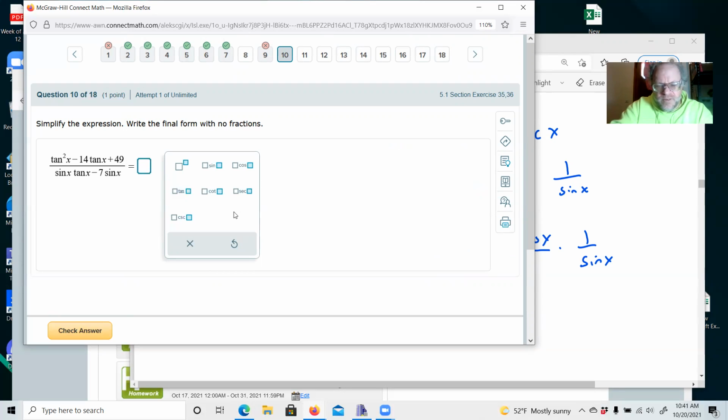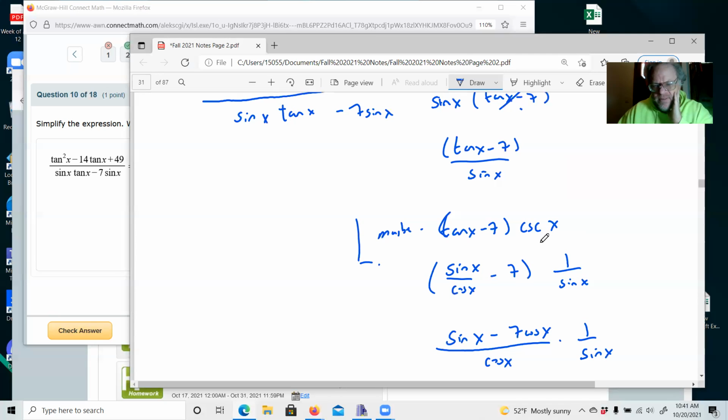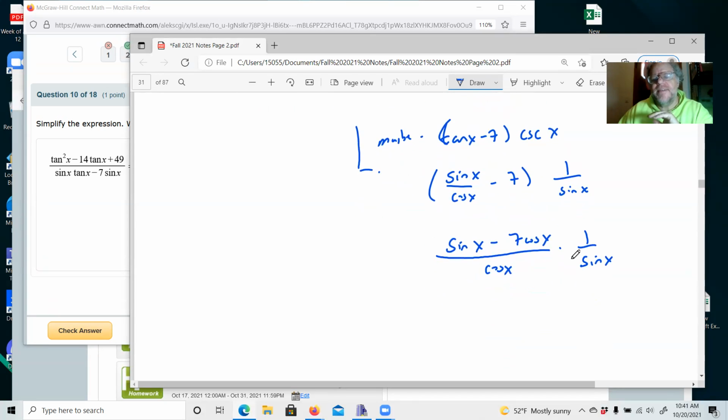Do we get parentheses? We do not get parentheses. All right, we don't get parentheses. So we're looking back at this again. Well, what if we pull this one in here?